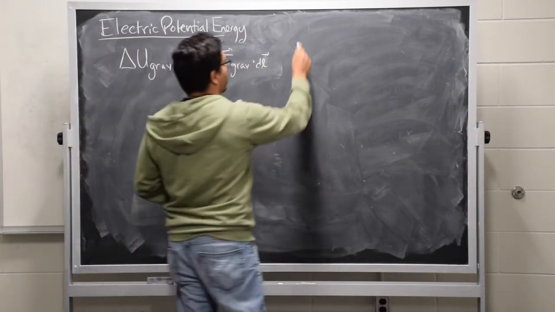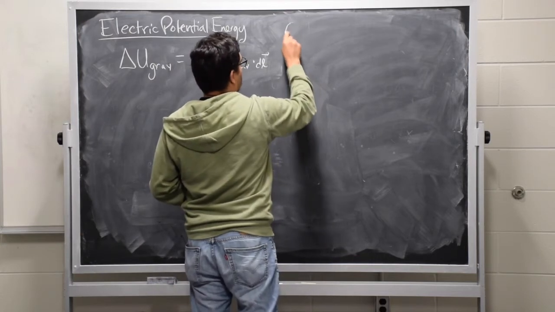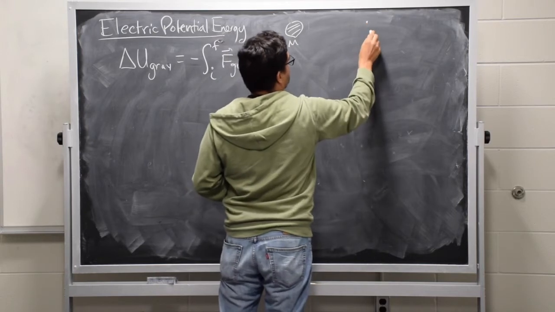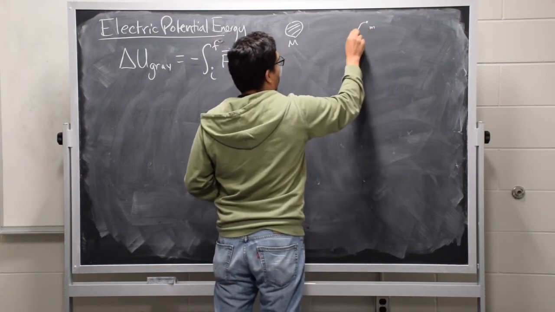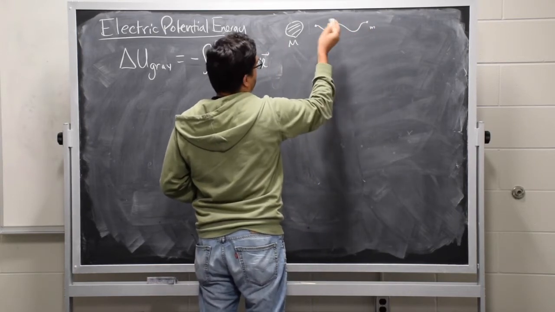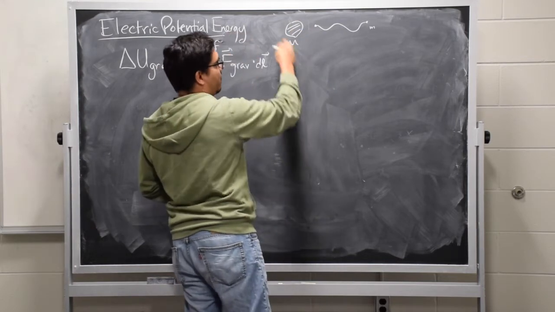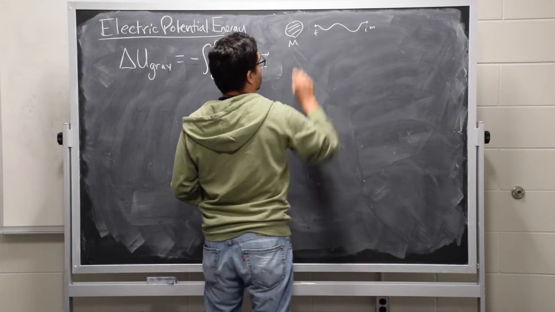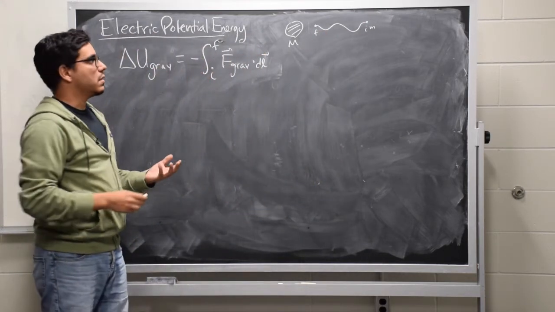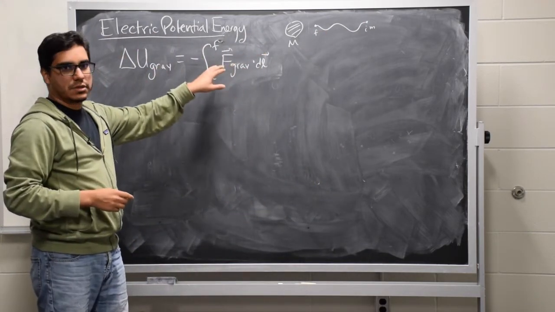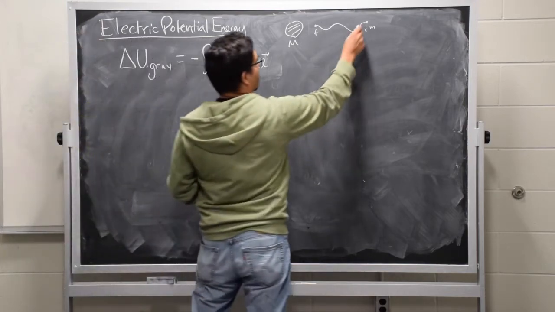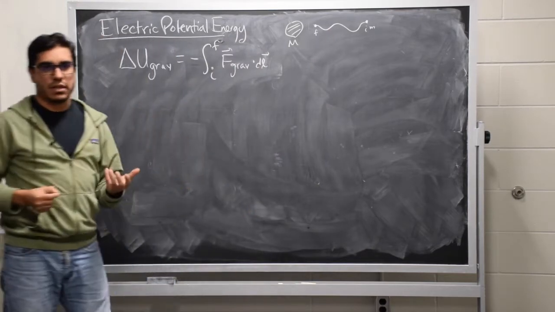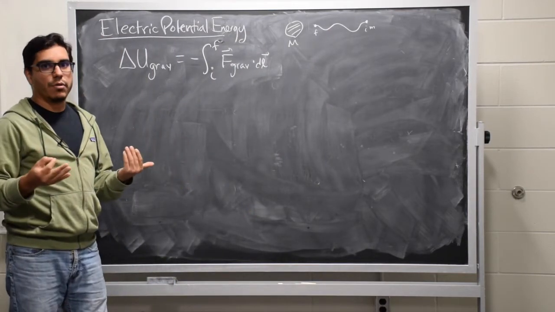So the idea here from mechanics was we had some object with some mass, we have some other object with some mass, and we move that object around in the gravitational field of the other object from some location to some other location. One of the things that we learned in that case is even if the object takes this sort of squiggly path, what matters is just the initial location and the final location, right? This is this idea of potential energy, that we only care about the endpoints.